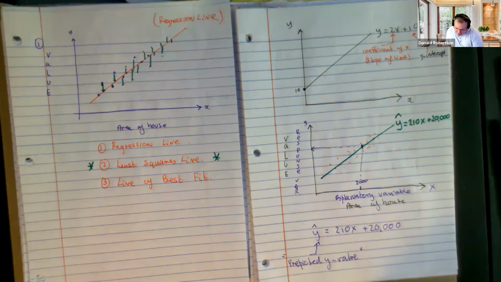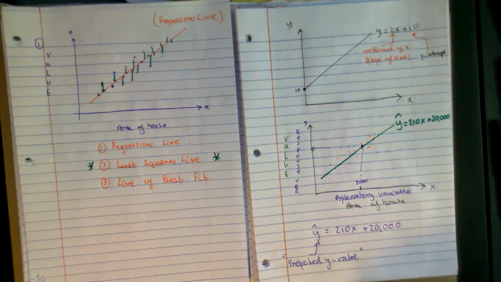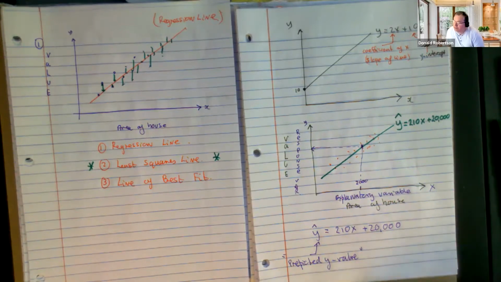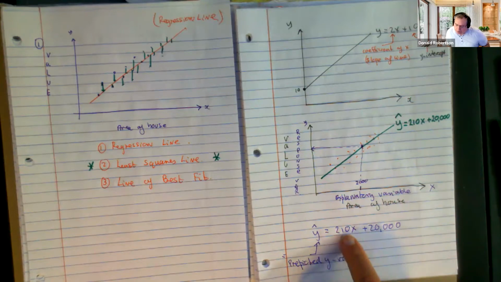And the reason why it's a predicted value, don't some houses that have the same square footage sell for more or less than other houses with the same square footage? And maybe they're better decor, right? Maybe they're a little bit better kept. Maybe they've got a better view, right? There's other reasons for the price of a house that's not connected to the size of it. So this would only be a predicted value.